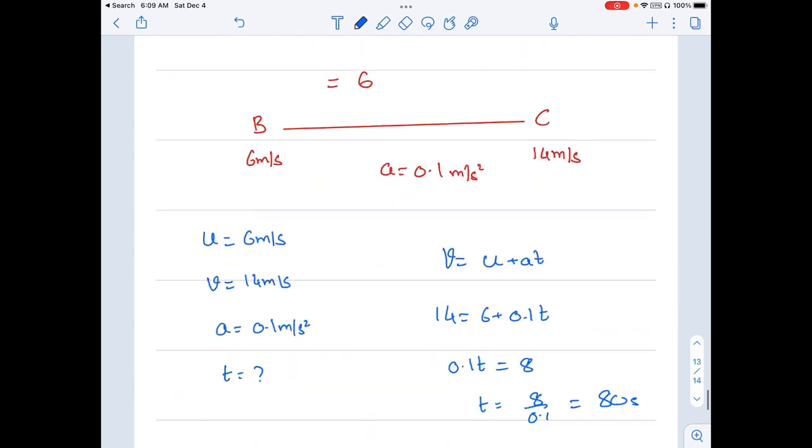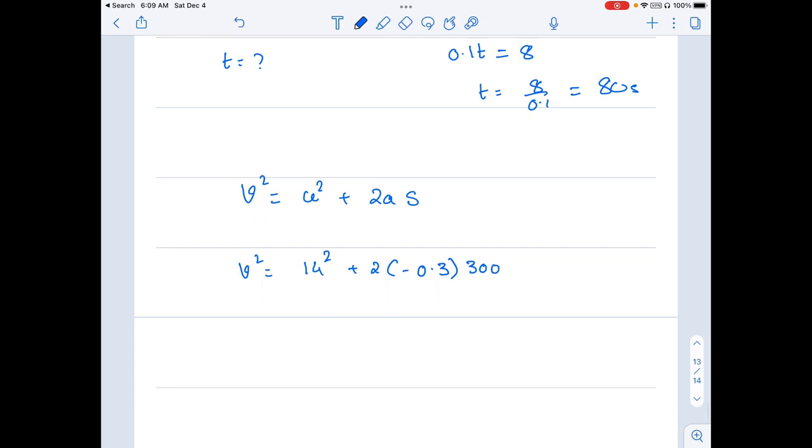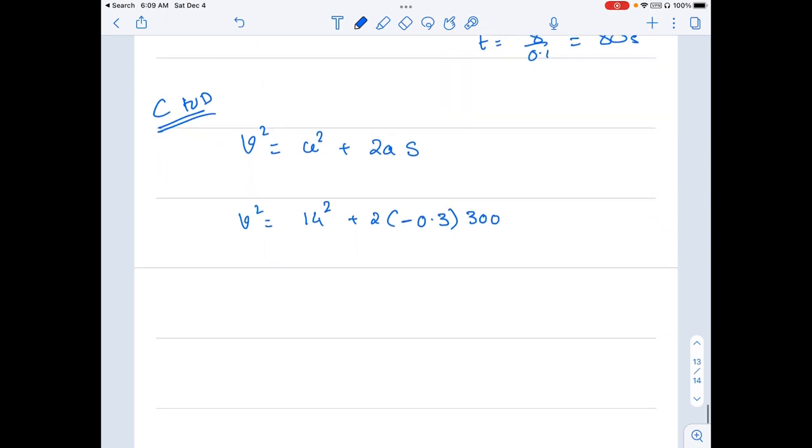So this time it is deceleration. So it is minus 0.3 and the distance is nothing but 300, from C to D. The deceleration is given as 0.3, which means acceleration is minus 0.3, and the distance has been given as 300.